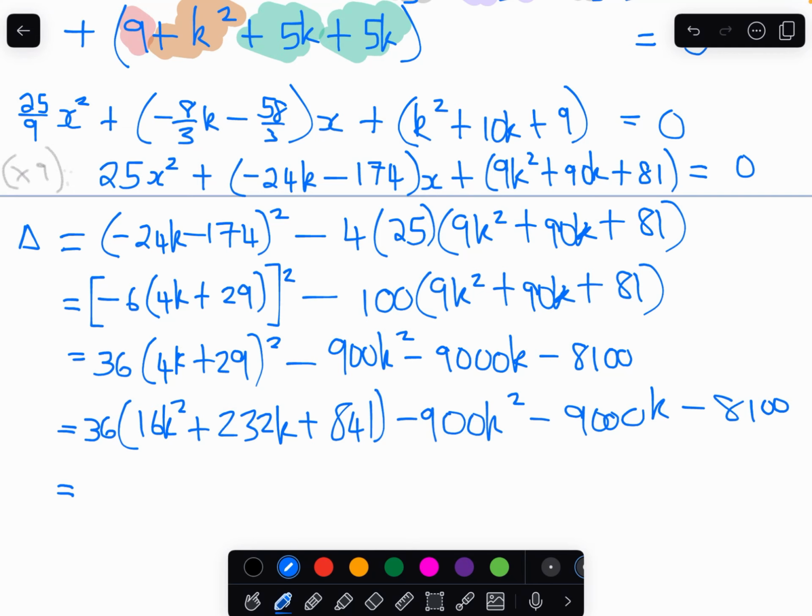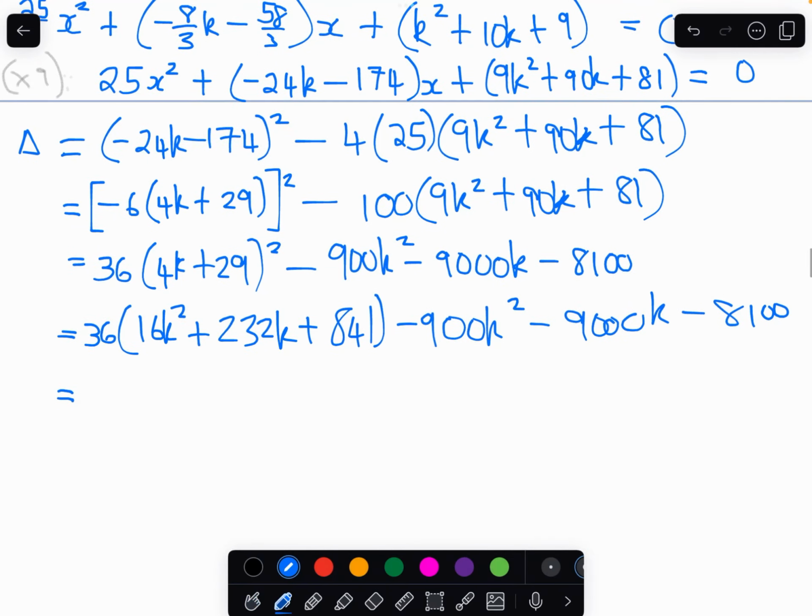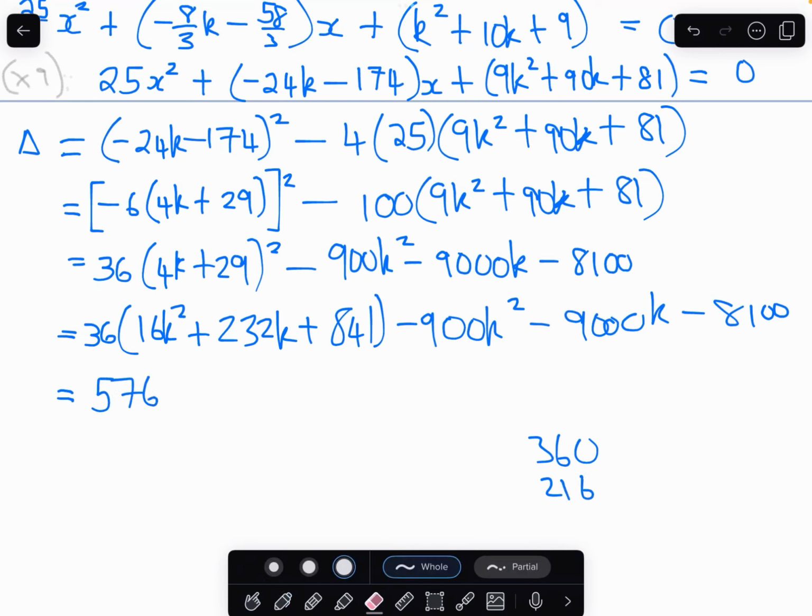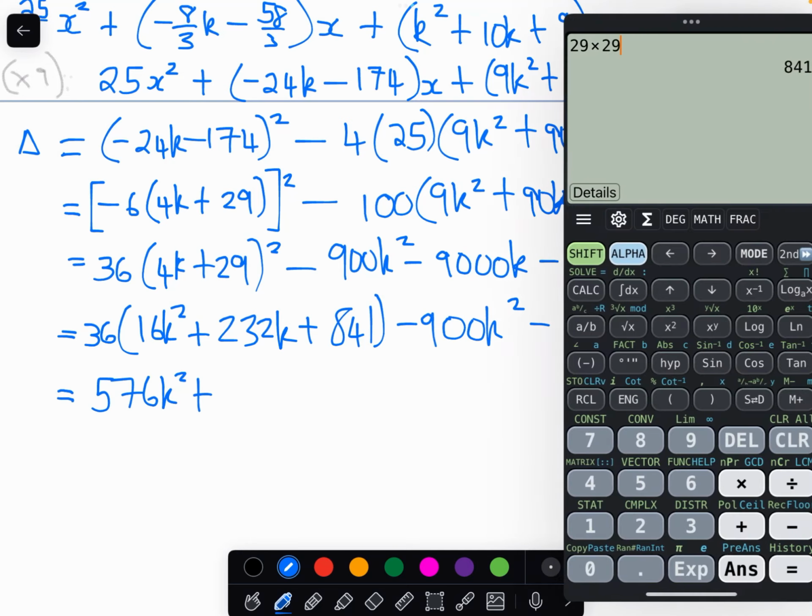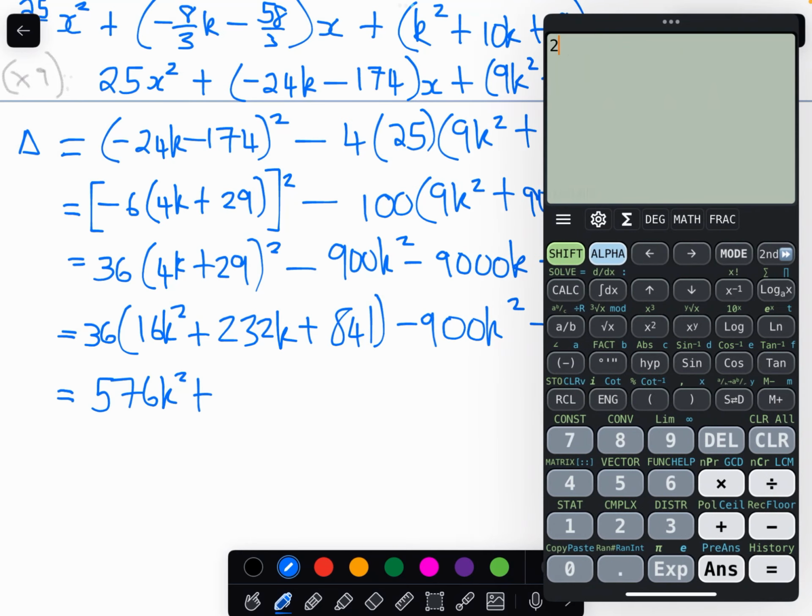36 times 16 is 360 plus 216, which is 576k squared. 232 times 36 is 8352k.